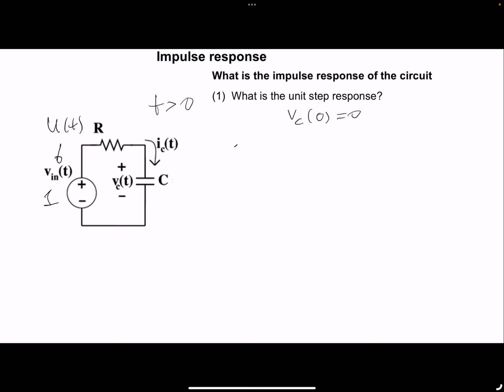And then for time greater than 0, we're going to have that 1 equals R times C dVc/dt, so this is the current going through the resistor, plus the voltage across the capacitor.